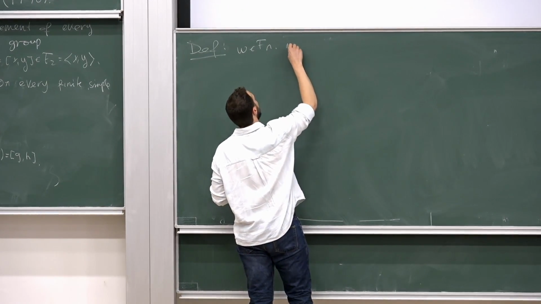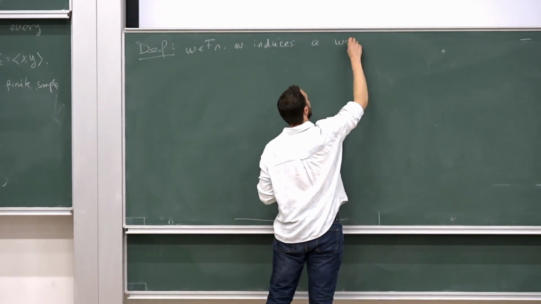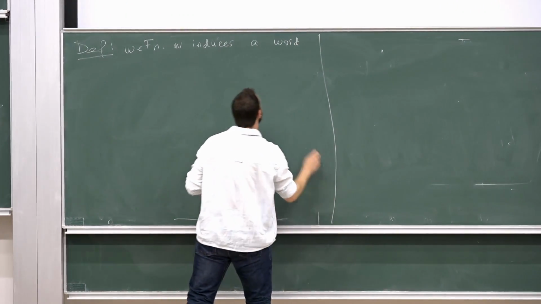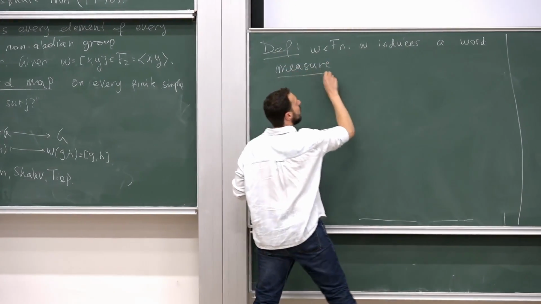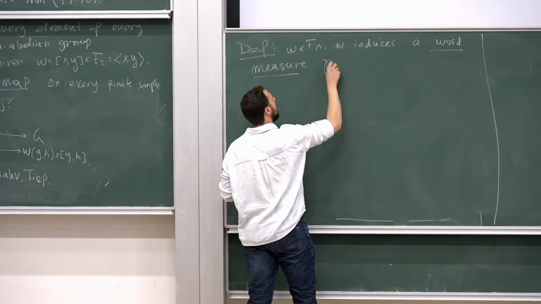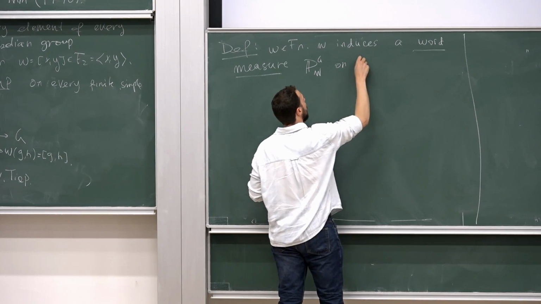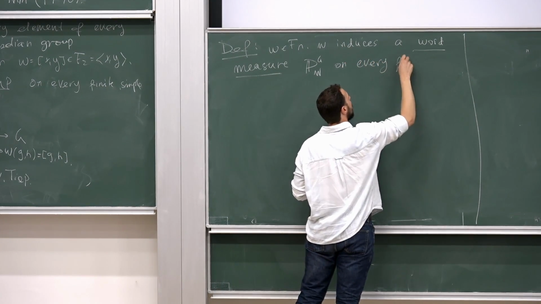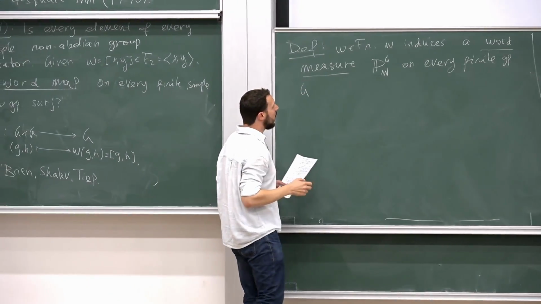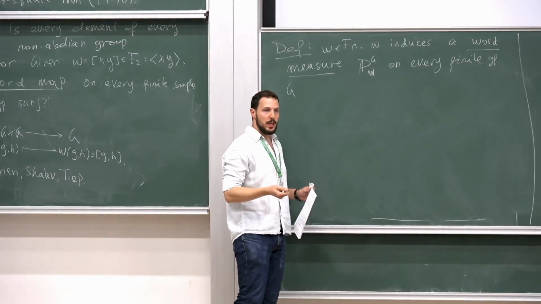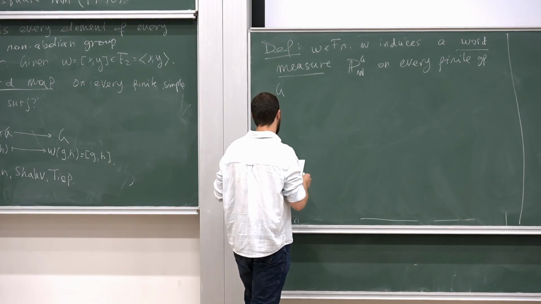This word induces a word measure, which I will denote by P_W^G, on every finite group G. And the way this measure is defined, like I said, is just pick an element of G and check how many tuples give this as a W value.